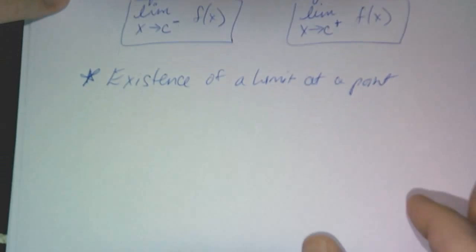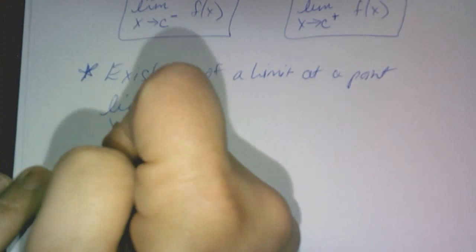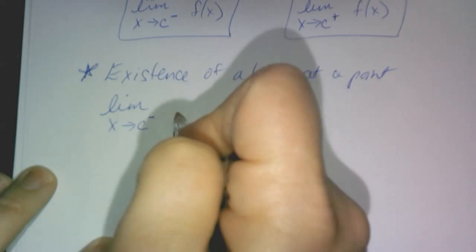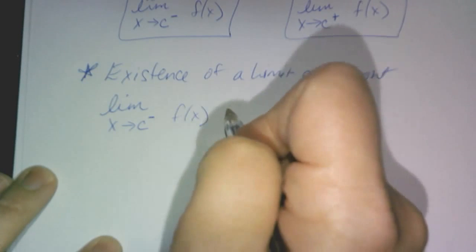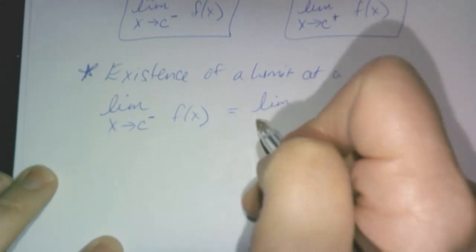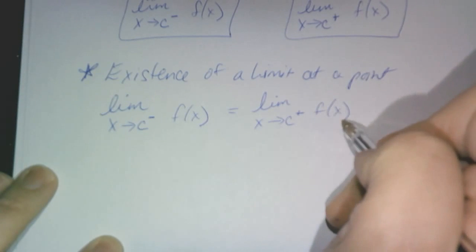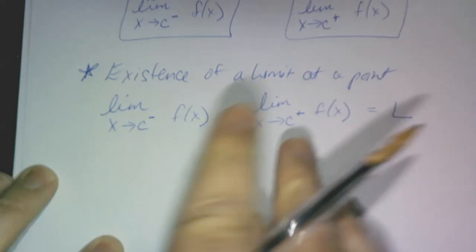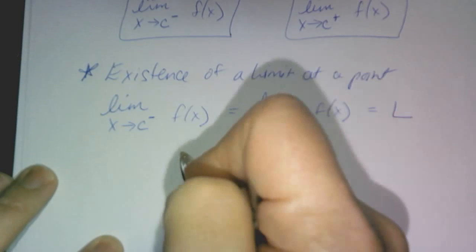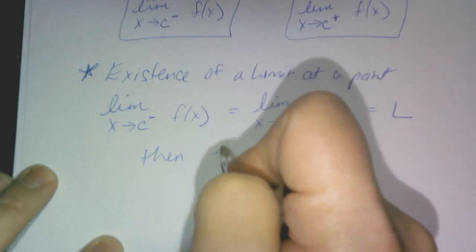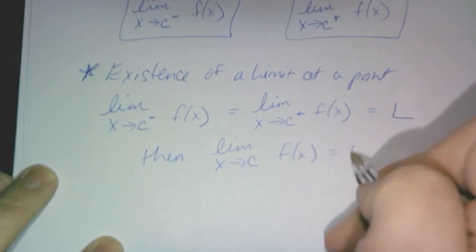The existence of a limit at a point: the limit as x approaches c from the left of a function needs to equal the limit as x approaches c from the right of that same function. If the right and the left are the same limit L, then the limit as x approaches c of the function is also L.